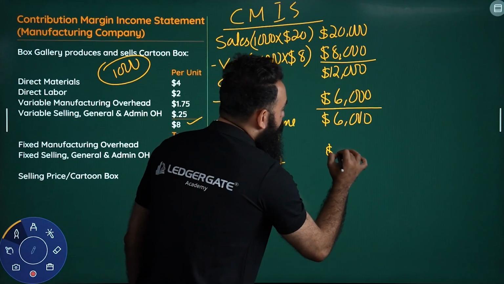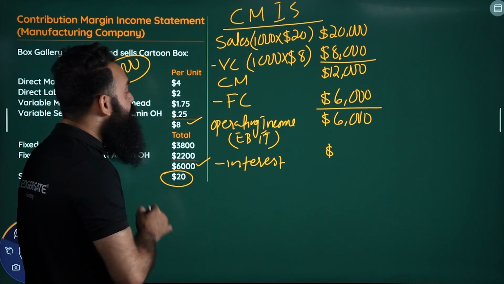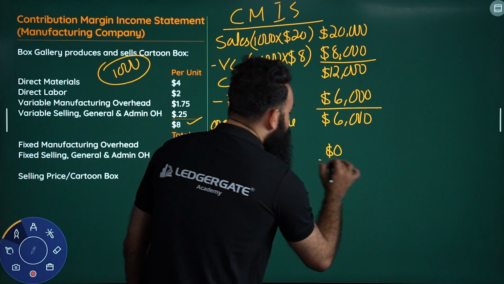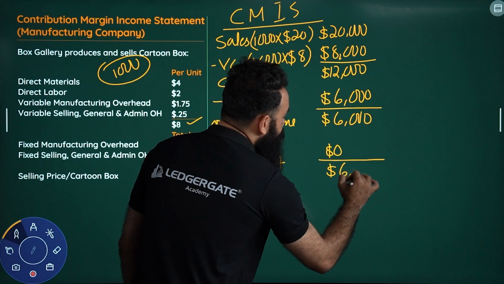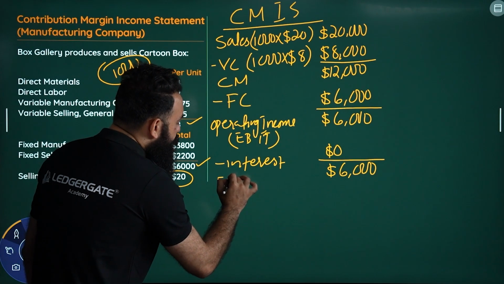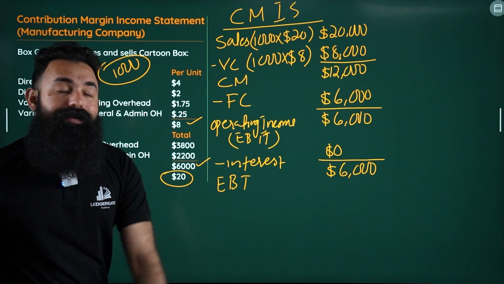As we know, as part of the internal decision making process, we will never consider finance cost, that means interest. We'll put 0 here. 6,000 minus 0 is equal to $6,000. We call it earnings before tax, that means profit before tax.